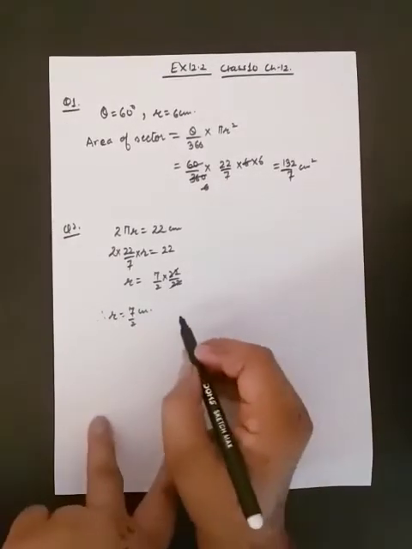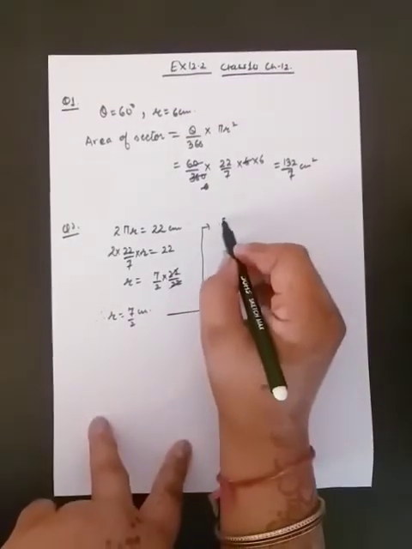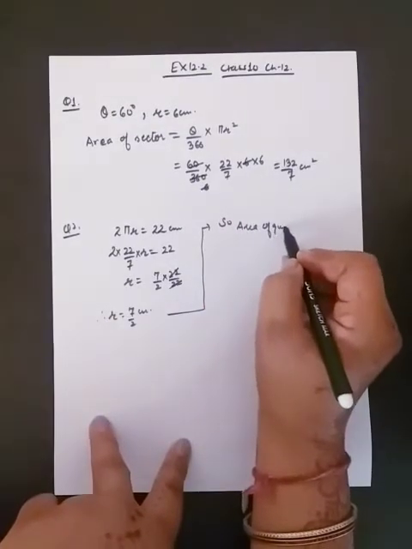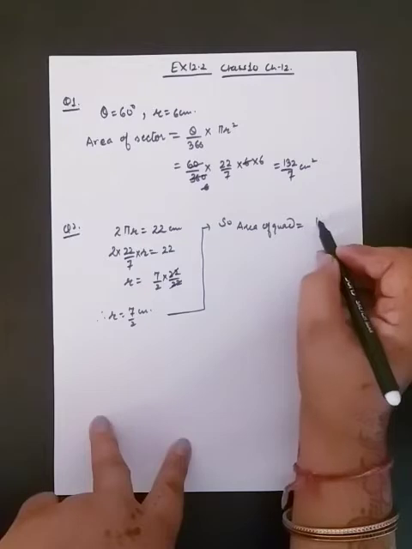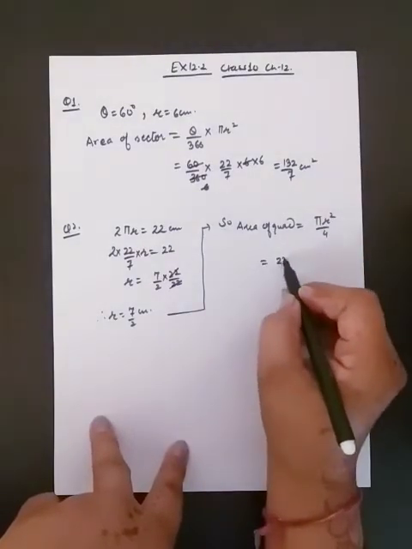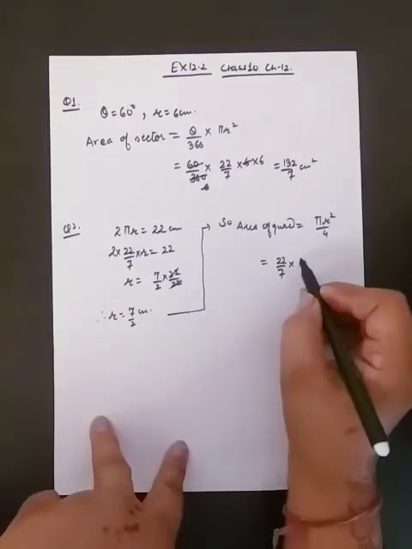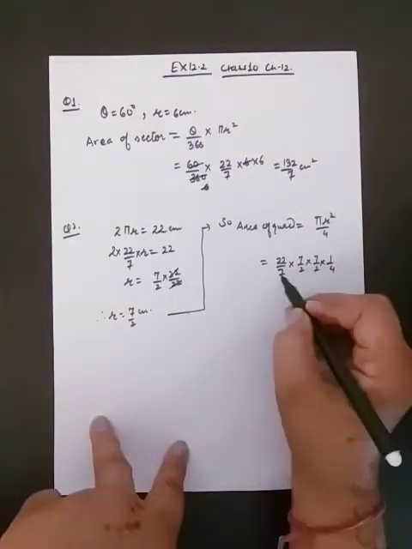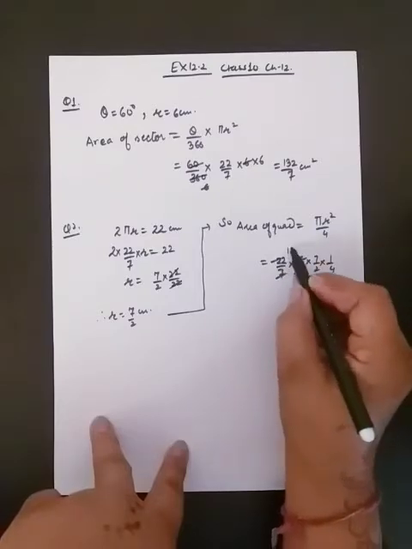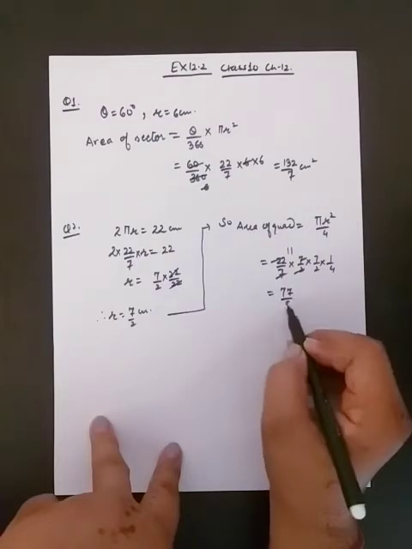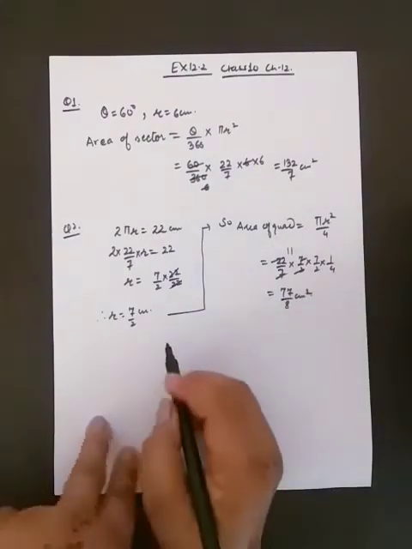Now we can find the area of quadrant. So area of quadrant is equal to pi r square by 4, and it will be 22 upon 7 into 7 by 2 into 7 by 2 into 1 by 4, and this will be 77 by 8 centimeter square.